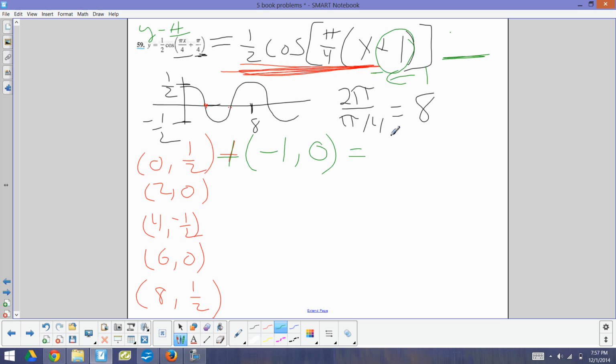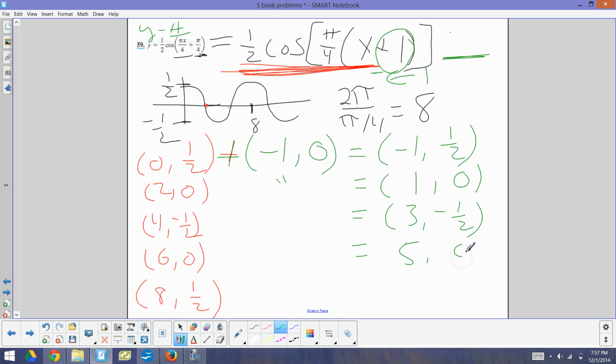So my new points are -1, 1/2, 1, 0, 3, -1/2, 6 minus 1 is 5, 0, and 8 minus 1 is 7, 1/2. So those are the points that you would graph.